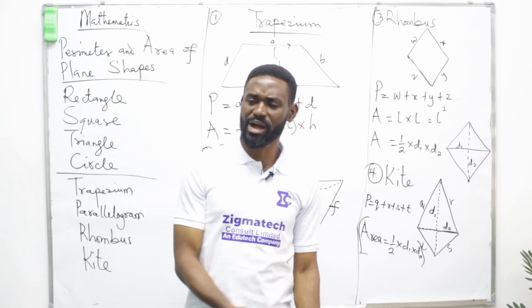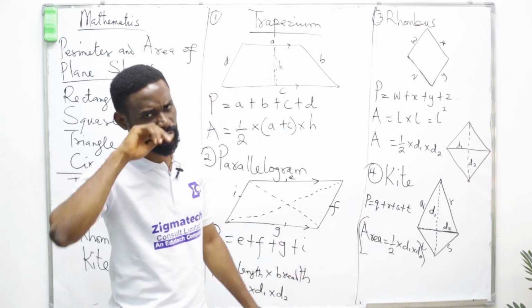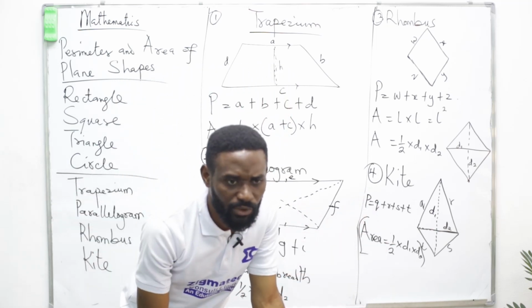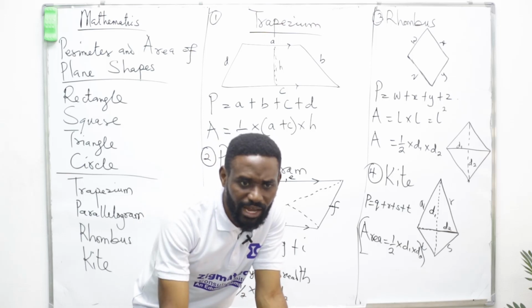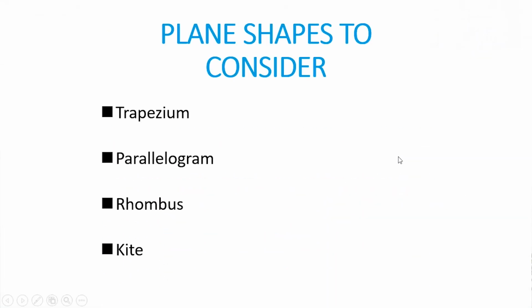Okay, any question you are asked, you can be able to reproduce the answer. So we have checked the formula to calculate all these. So we look at trapezium, parallelogram, rhombus, and kite.